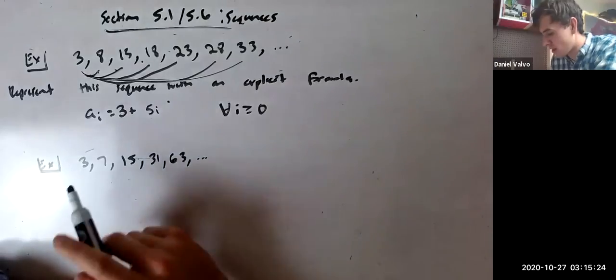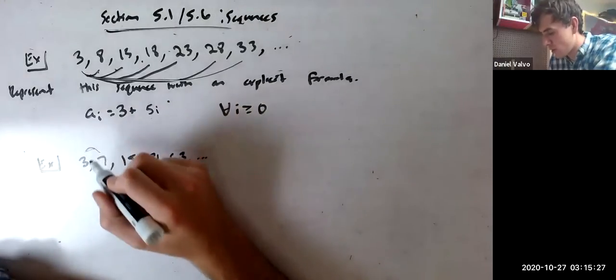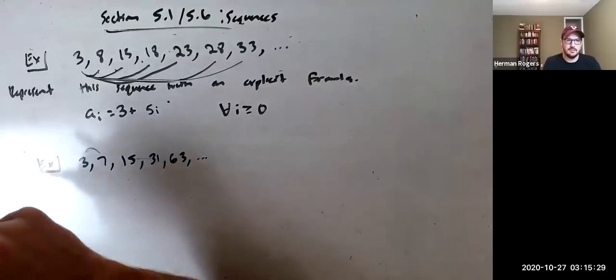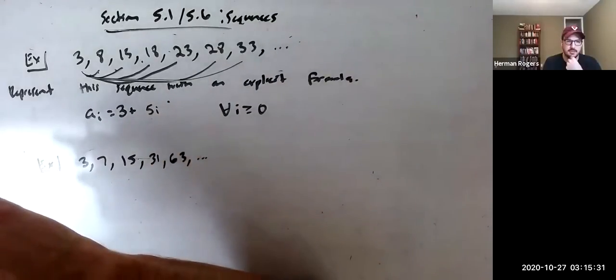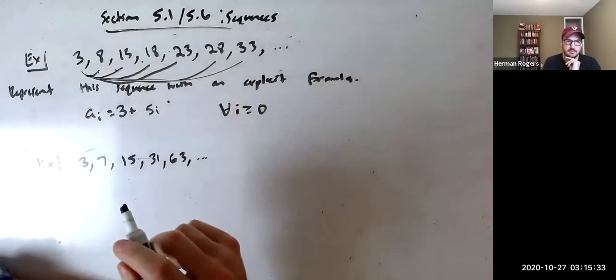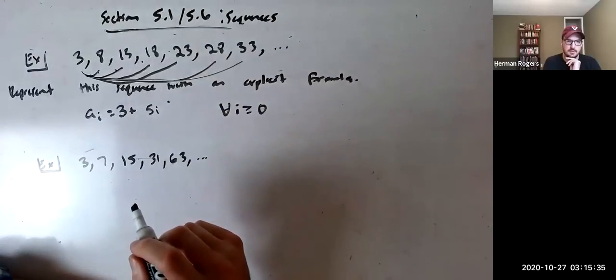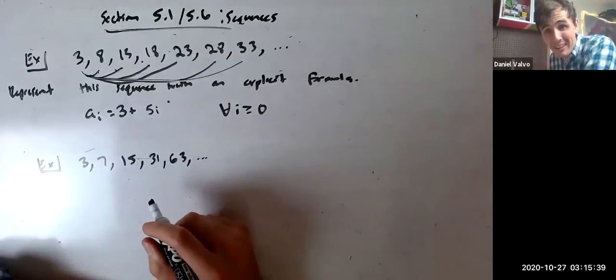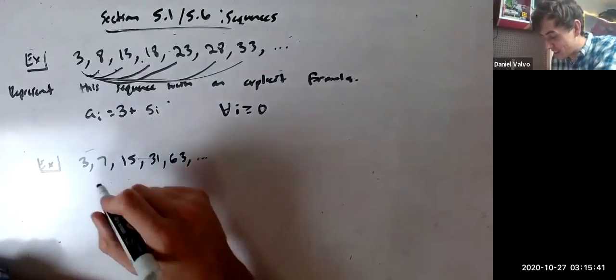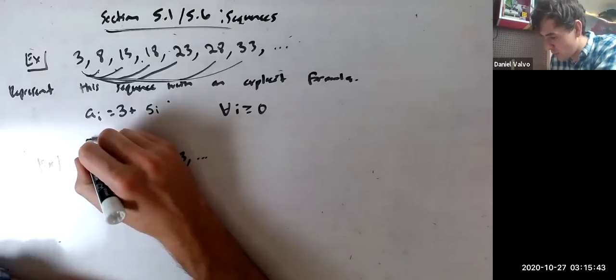Or maybe you start here. Between 3 and, sorry, 7, is it like 3 plus 3 plus 1? And then 7 plus 7 plus 1? 15 plus 15 plus 1? It actually works out to be that. Yeah, it does. So the difference here is 4.